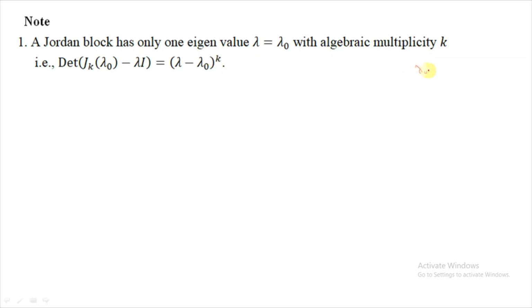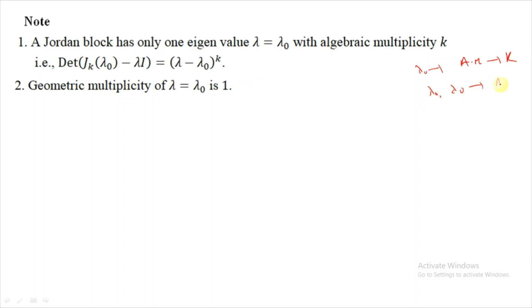Lambda naught is the eigenvalue, repeated k times, so the algebraic multiplicity is k. Now the geometric multiplicity is 1. Suppose lambda naught is repeated 2 times, so the algebraic multiplicity is 2, but the geometric multiplicity must be 1. In that case, the Jordan block has main diagonal elements lambda naught, lambda naught, and the super diagonal is 1.